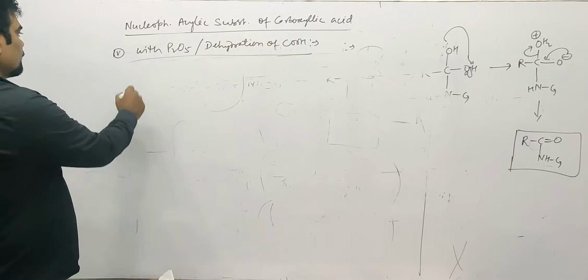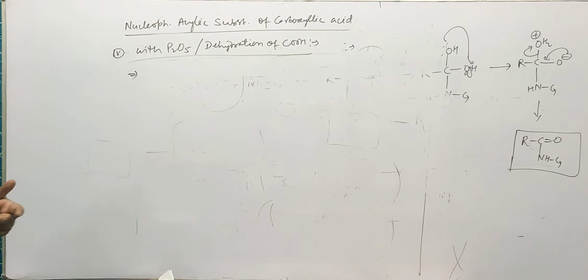In this case, write down: when carboxylic acids are heated strongly in the presence of a dehydrating agent, they undergo bimolecular dehydration and form the corresponding acid anhydride.